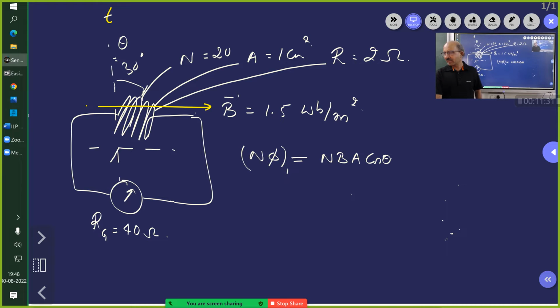Make a strategy there, please, all of you. Sorry, I made a mistake. It is 30 degrees to the direction of the magnetic field. So this becomes 60 degrees. 30 degrees to the direction of magnetic field, so it is 60 degrees. Okay.